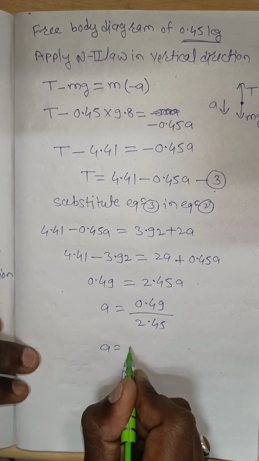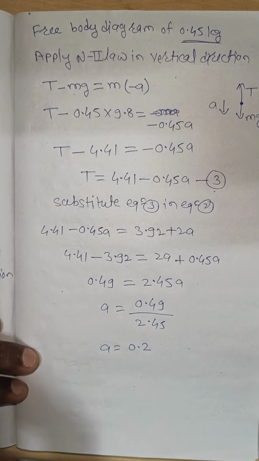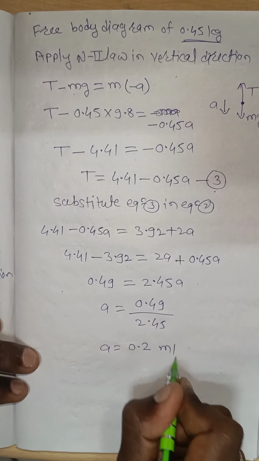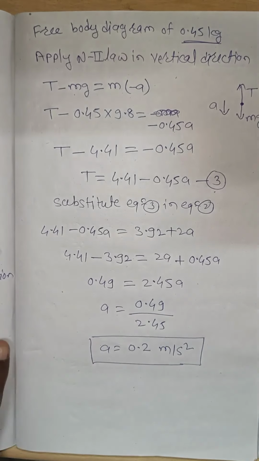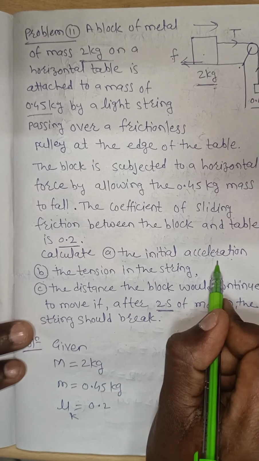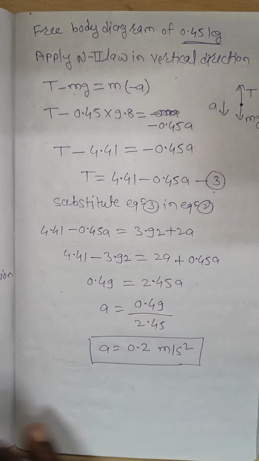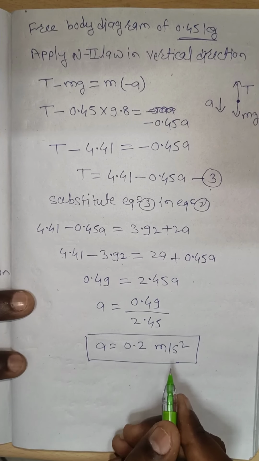We get, this is nearly 0.2 meter per second square. Now this is the acceleration of the block. Now what is the first question? The initial acceleration. Therefore the initial acceleration of the block is 0.2 meter per second square.